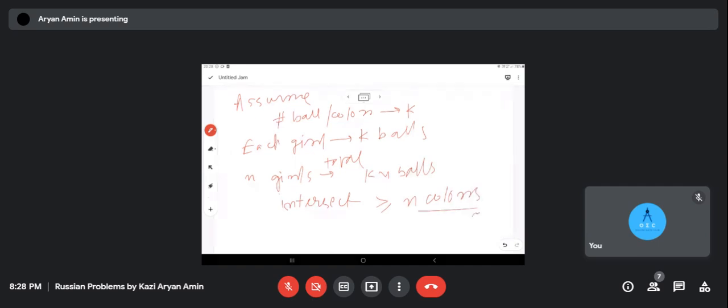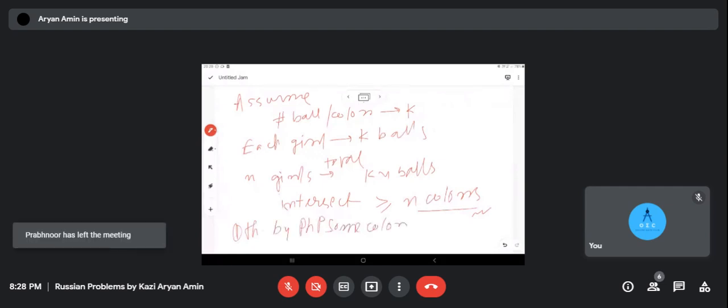Otherwise, by PHP, some color has greater than k balls. If you just try with some values like I did before, you can get it.